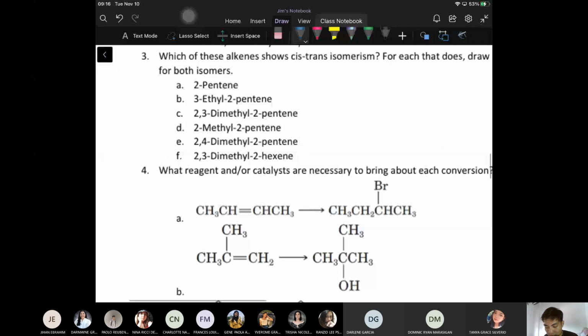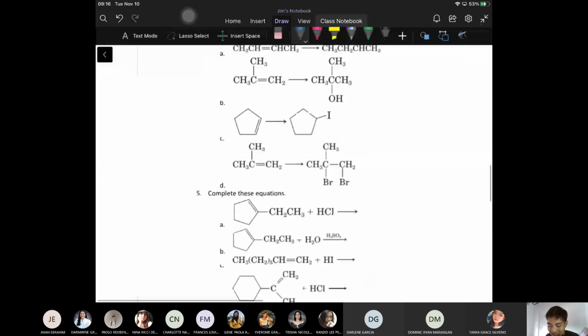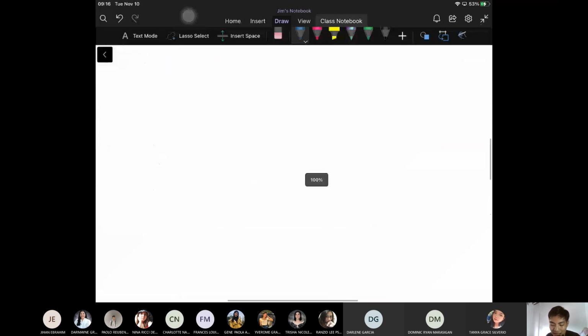Tapusin na natin ang ating paghihirap. Reactions. Ang reactions ng ating alkene and alkyne, they are similar. However, we will focus on the alkenes. No? Ano yung mga reactions with alkenes? Apat yan.